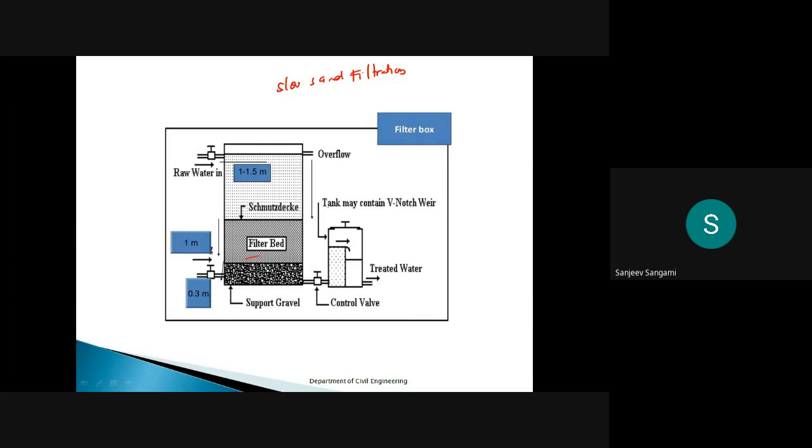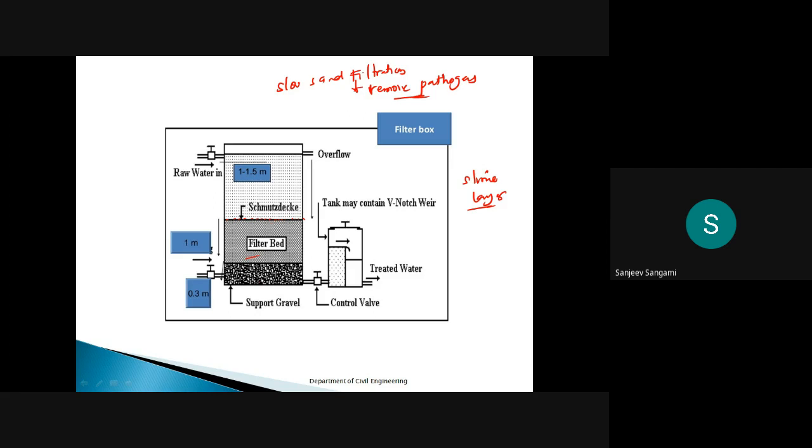I already said that the slow sand filtration process is used to remove pathogens. Once the filtration process is stopped, or once it exceeds 2 to 3 months, one small layer will be formed above the top of the filtration bed. That layer we can call a slime layer, and that is nothing but the skim deck.